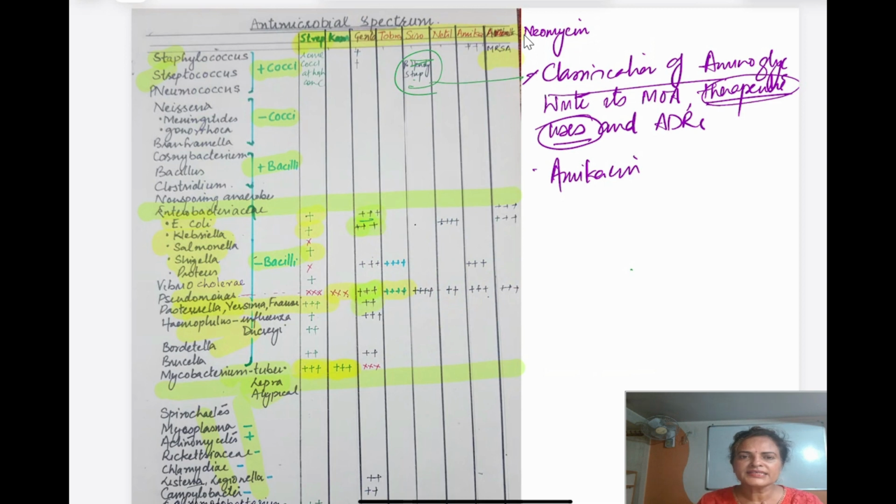If it is highly sensitive, use 3+. If it is moderately sensitive, use 2+. And if it is mild, then use only 1+. And if it is not showing any activity, then you just leave that place.